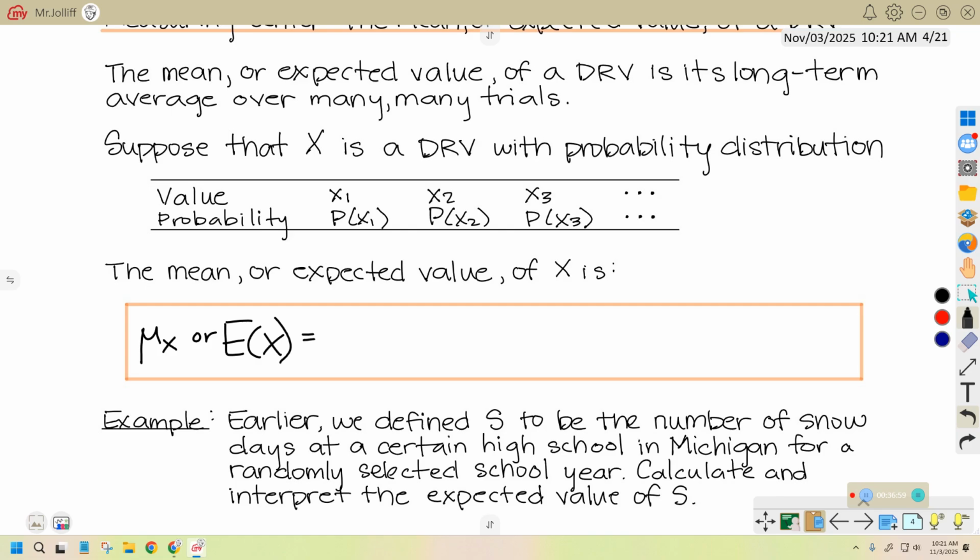To calculate the mean or expected value, I'm going to take each x value and I'm going to multiply it by its probability. I'm going to do that for each column in the table or each row in the table, multiplying down or multiplying across, depending on how it's built. And once I have multiplied every possible outcome by its probability, I am going to add them all up.